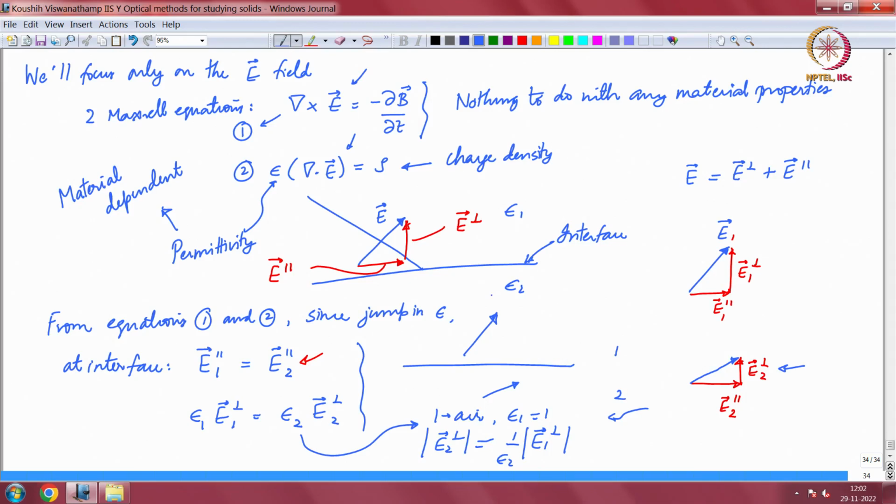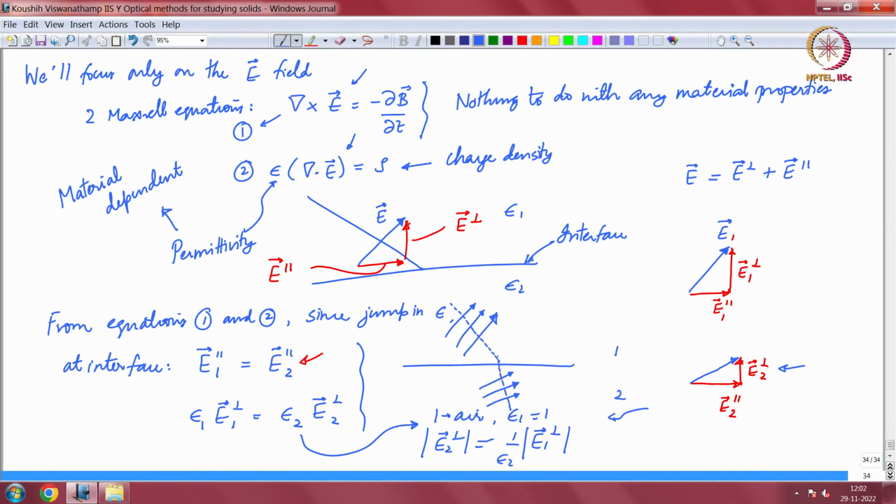Okay. And not just that, every vector along the light ray is going to look like this, and every vector along the light ray here is going to look like this. So, the light ray, which is perpendicular to the electric field, is going to be like this.